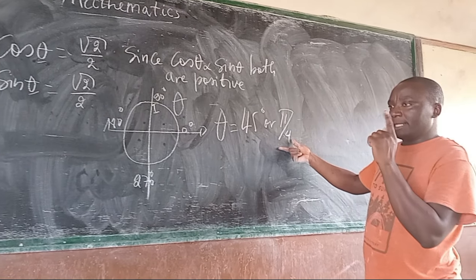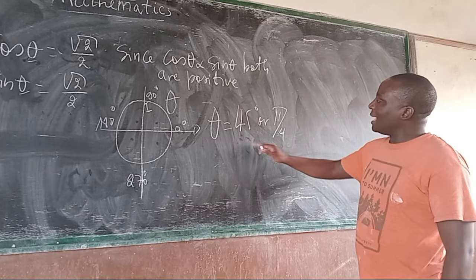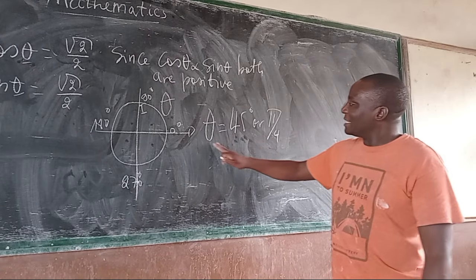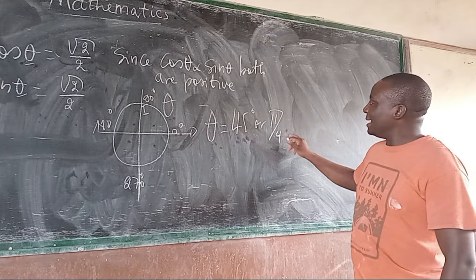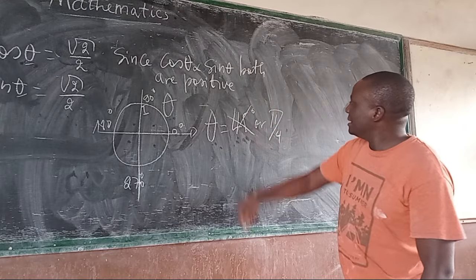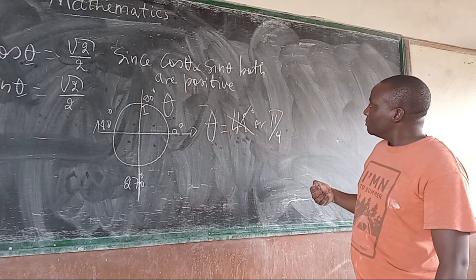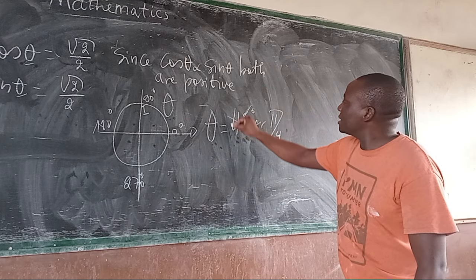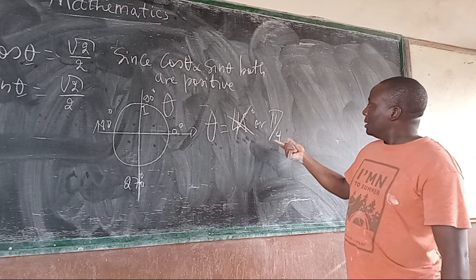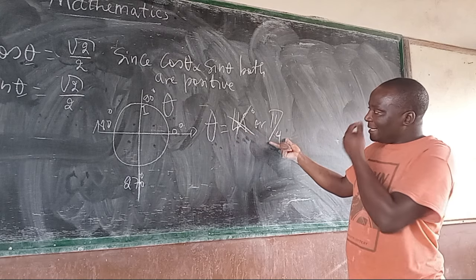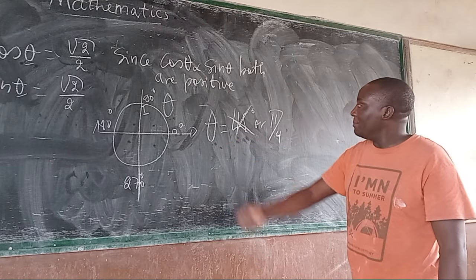Teachers, don't forget, as a mathematician, always try to express this theta argument in radians. Using degrees is not a good way of expressing. Always try to use radians when you express your argument.